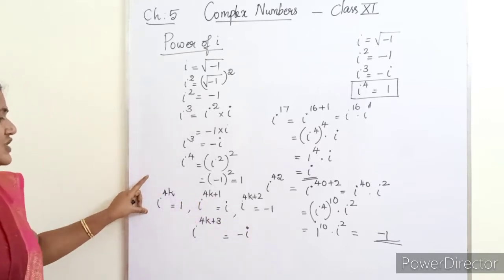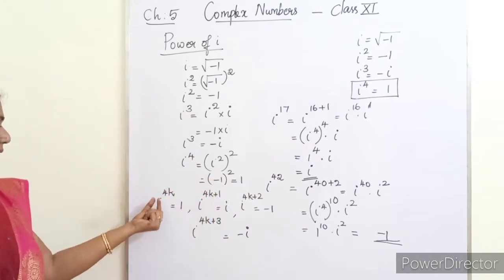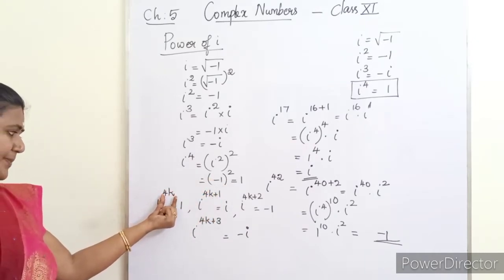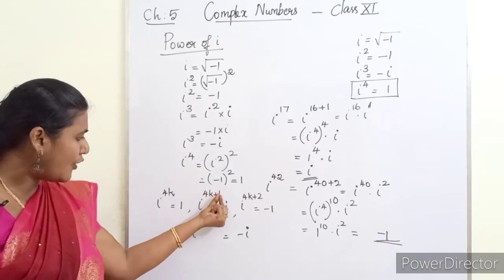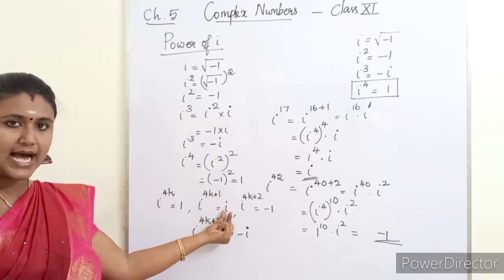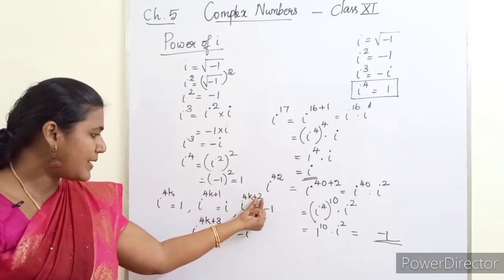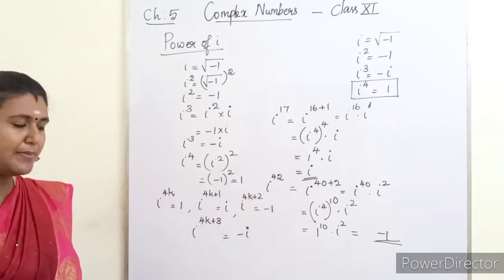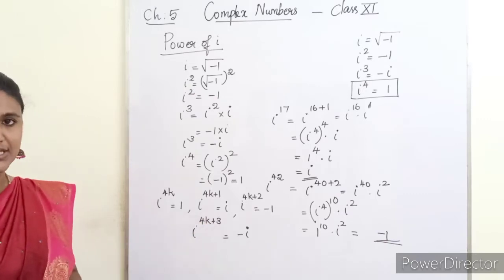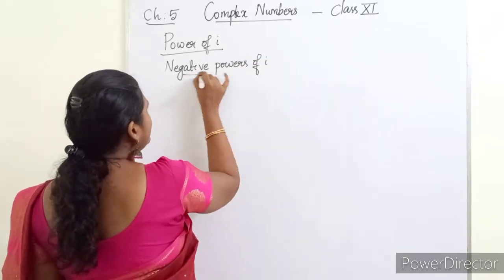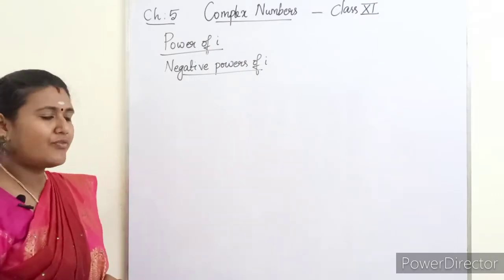So in general we can write like this. If it is a multiple of 4, the answer will be 1. If it is a multiple of 4 plus 1, then the answer is i. If it is of the form 4k plus 2, then the answer will be minus 1, and 4k plus 3 means minus i.